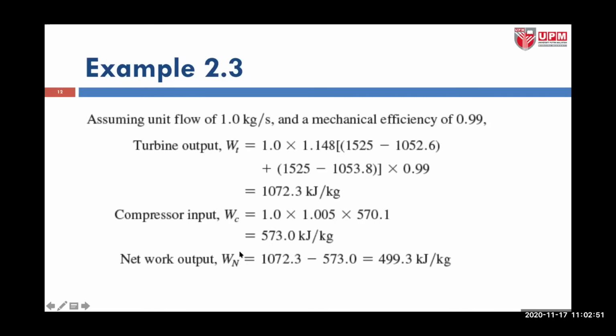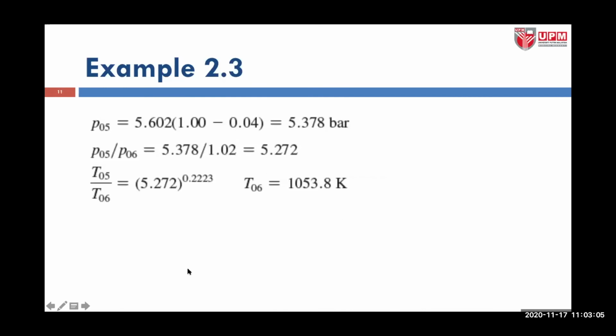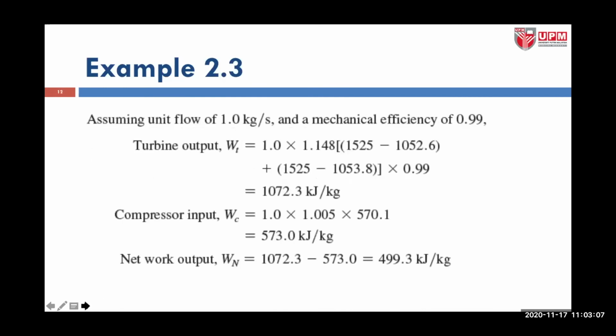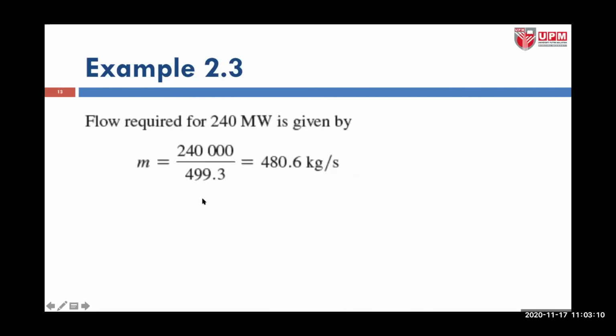The net work output is basically the turbine work output minus the compressor work input. You will get the net work output to be 499.3. Okay, and the power required as given in the question is 240 megawatt. You will then get the mass flow rate to be 480.6 kilogram per second.